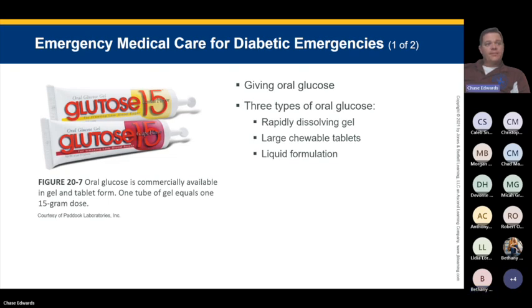Glucose 15, which means a 15-gram dose. So there are 3 types of oral glucose. You have the rapidly dissolving gel, you got the large chewable tablets, and then you have the liquid formulation that's almost like drinking, a squirt. All right, this is the gel here.